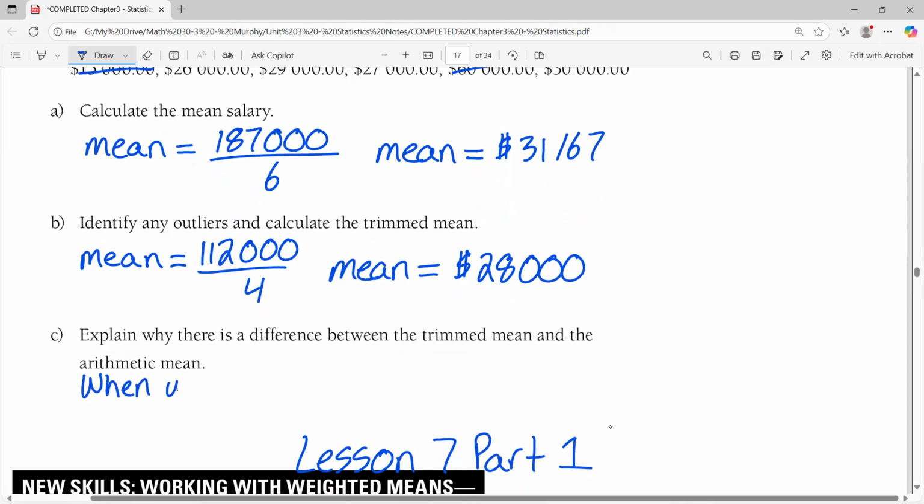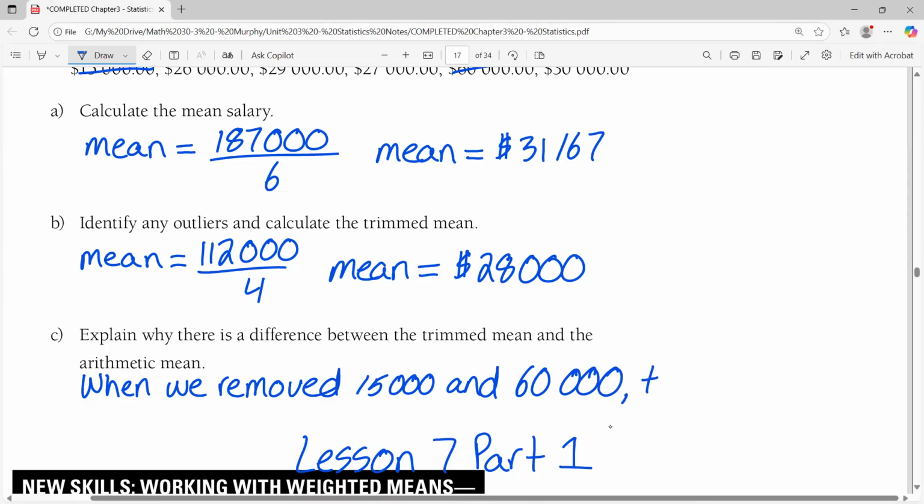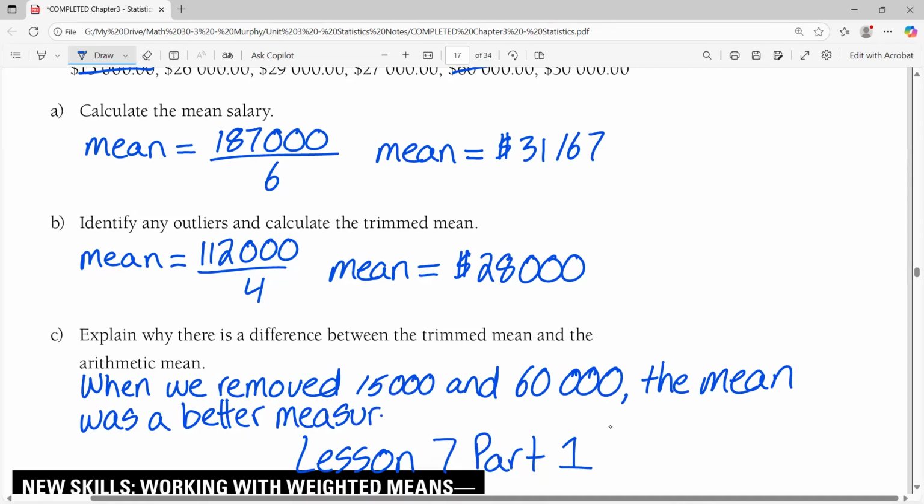When we removed 15,000 and 60,000, the mean was a better measure of the central tendency.